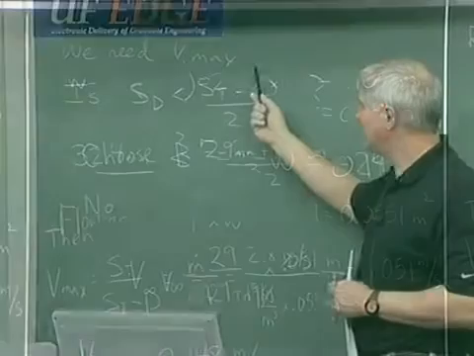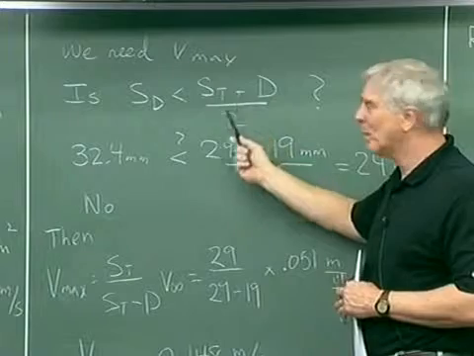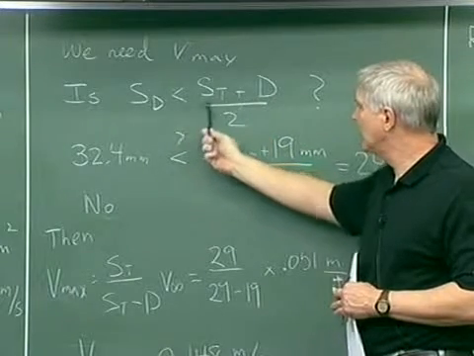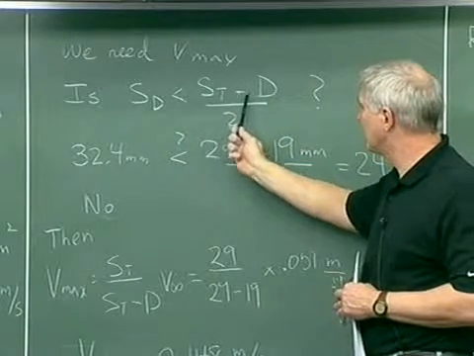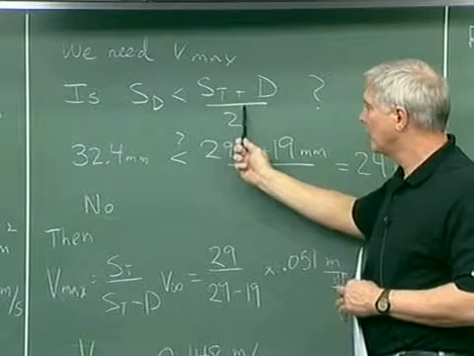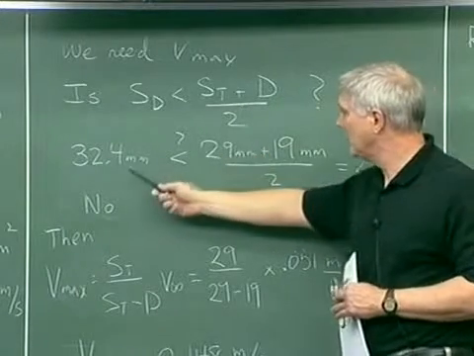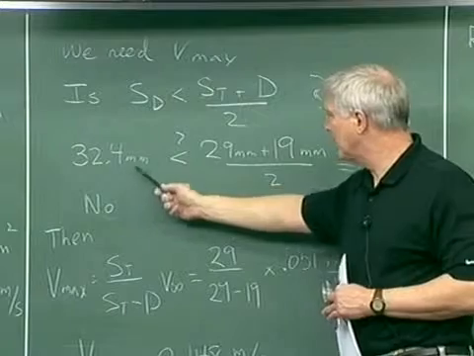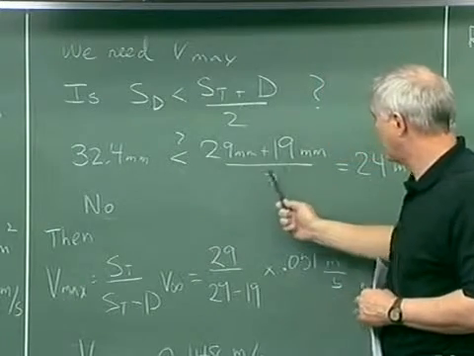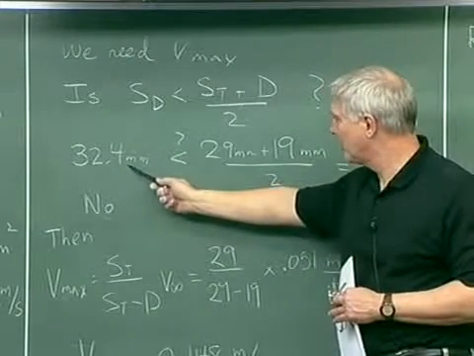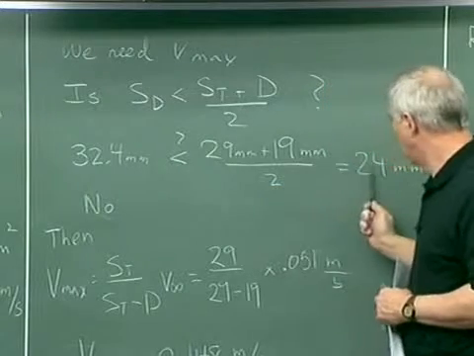Okay, now we've chosen a staggered arrangement, so we have to ask the question now, is SD less than ST plus D over 2? So that we'll know which Vmax to use. So we plug in SD here, we plug in our numbers, and the question is, is 32.4 less than 24?